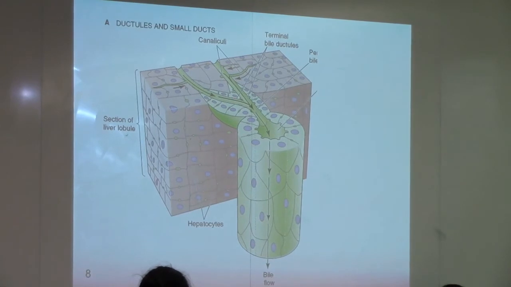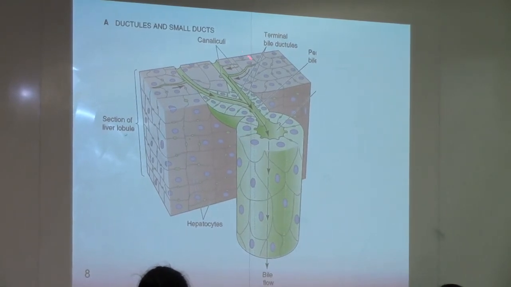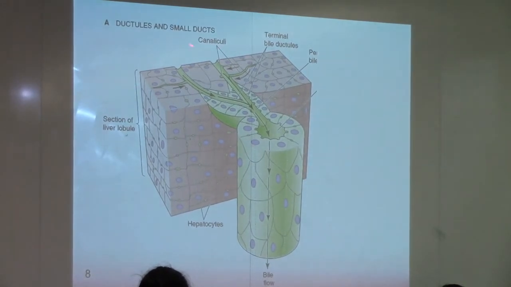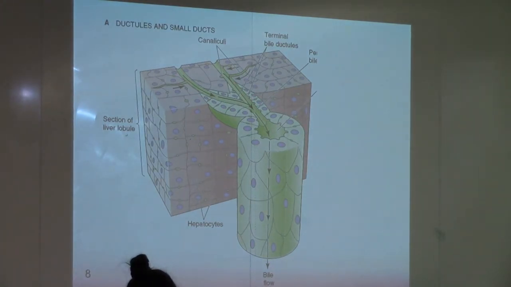There's a separate plumbing structure, these tiny little tubes called canaliculi, that form into small little ductules, but then are going to go and become the hepatic ducts.